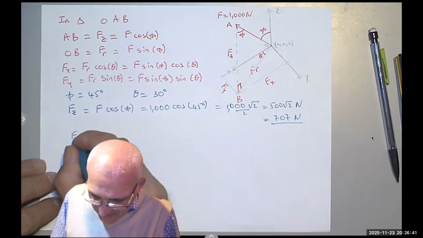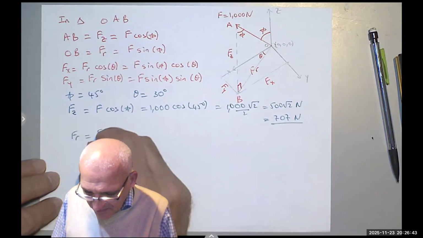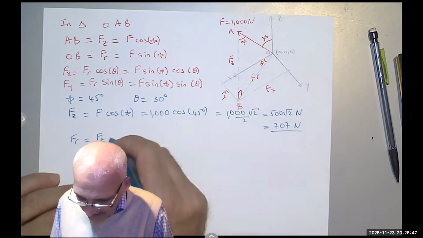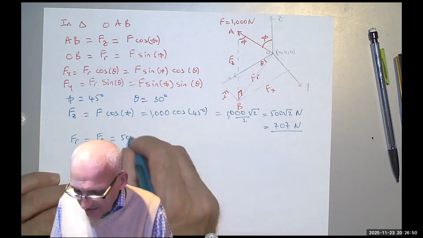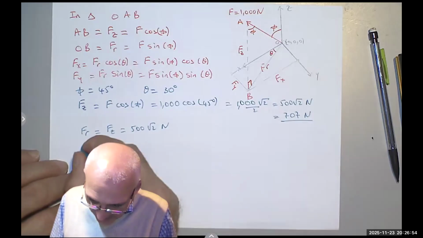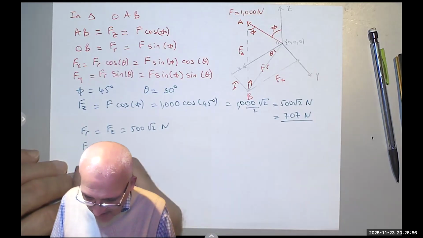Then f sub r is the same as f sub z, right? Because sine 45 and cosine 45 are the same. So it's 500 root 2 Newton. You can get f sub x and f sub y.